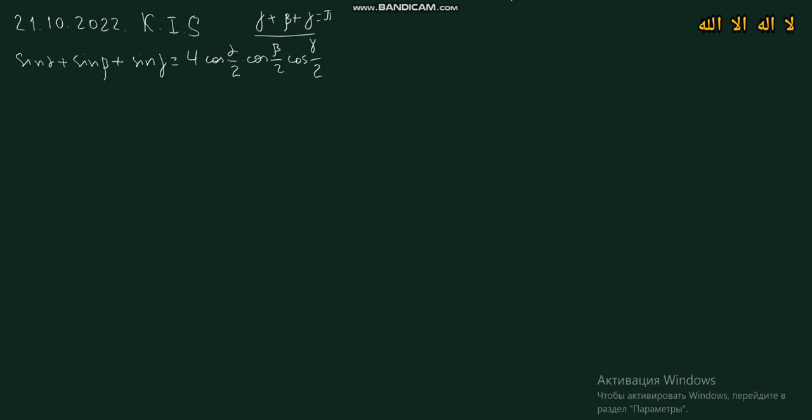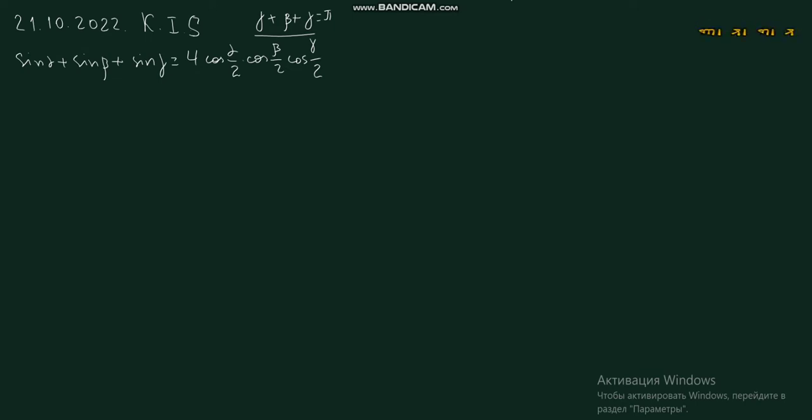Prove that the sum of sines of these three angles equals 4 times the product of cosines of half of these three angles. So let's start to prove.